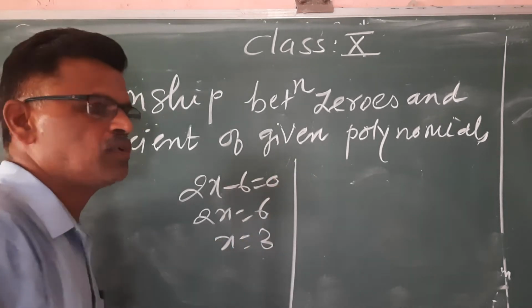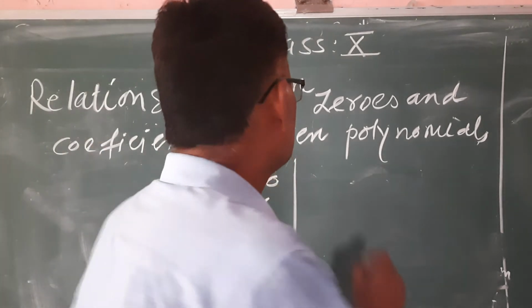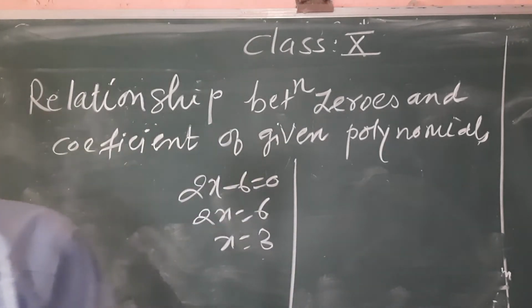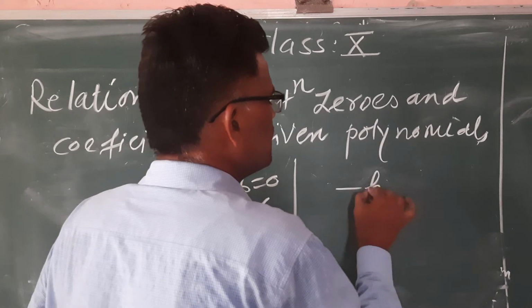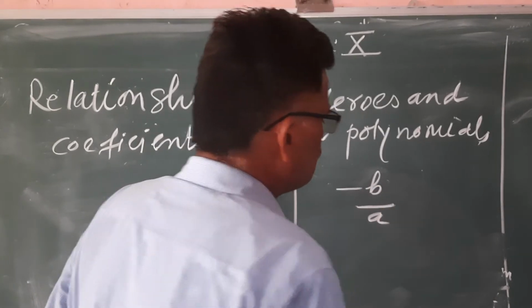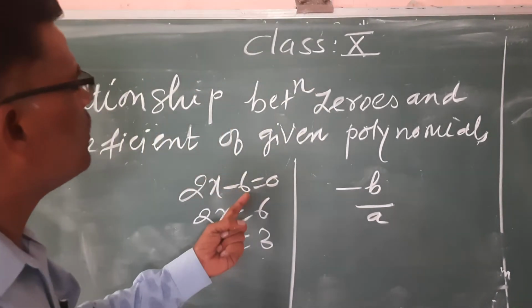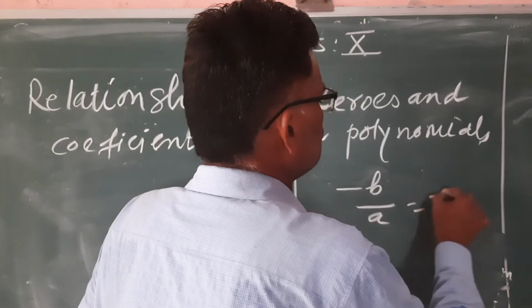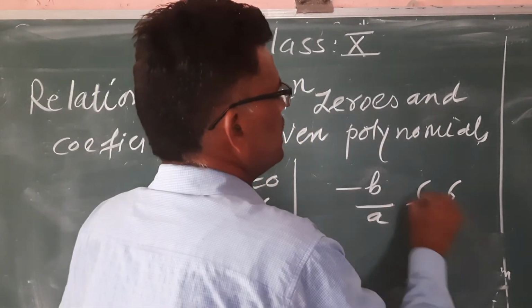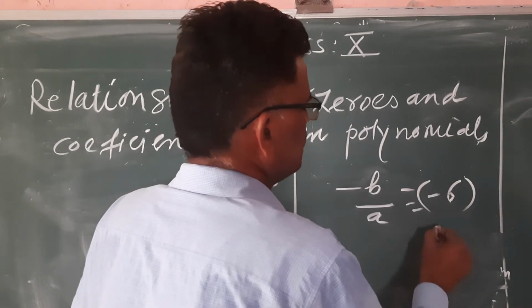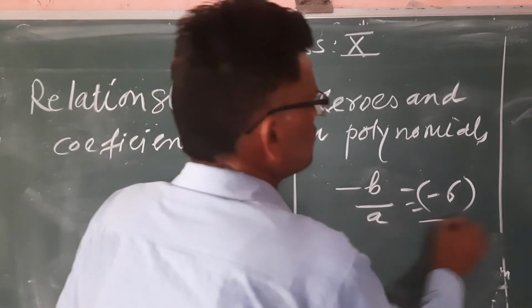The zero of the polynomial is 3 here, and we verify that it equals minus b by a. Minus of b is minus of minus 6, that is divided by 2.